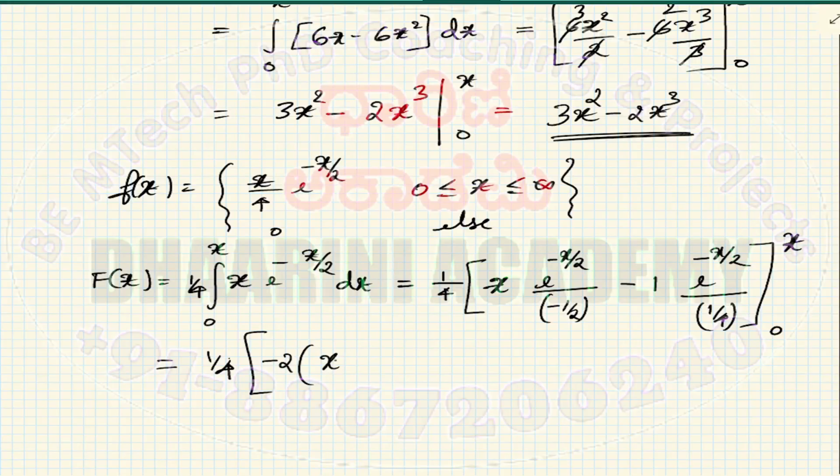This is x into e to the minus x by 2, and when you put 0, the whole function is 0, correct? Then I have a minus 4, the 1 by 4 goes to the numerator as a 4, right? Then I'm going to substitute x equal to x itself, that is e to the minus x by 2. When you put 0 to that, it becomes 1, right? So this is minus 1.